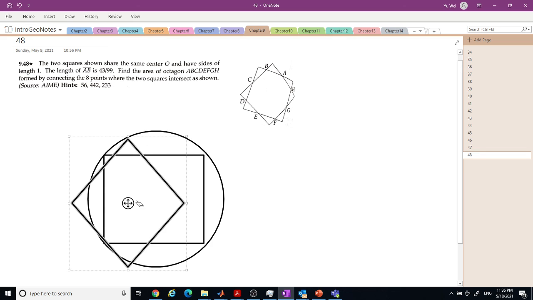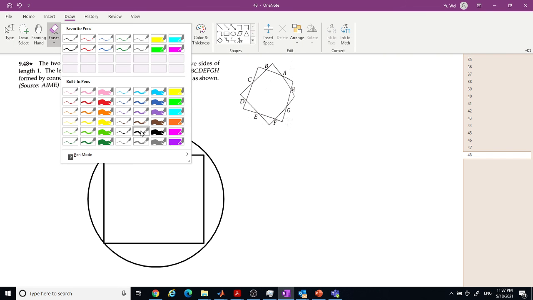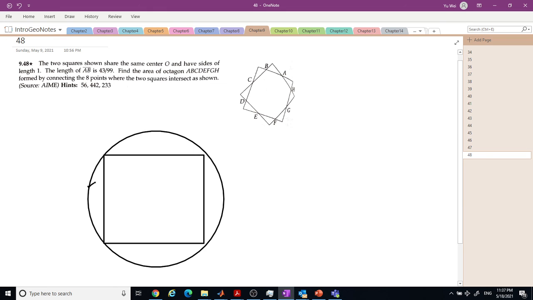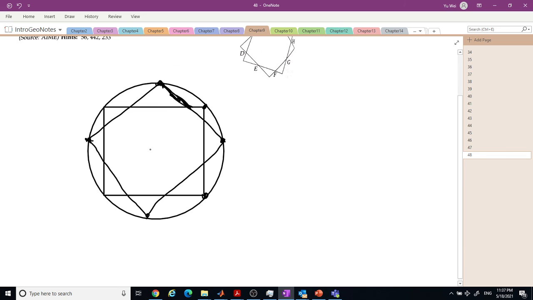The other way, I need to hand draw. So you can see the center is the same, they're concentric.